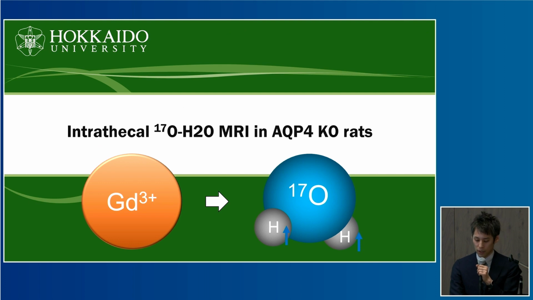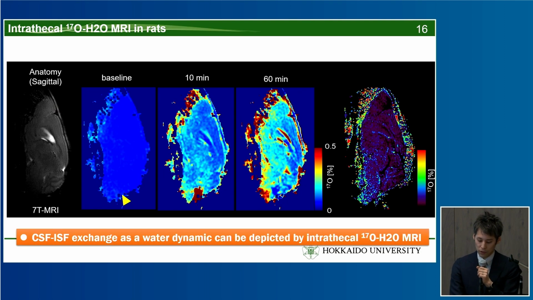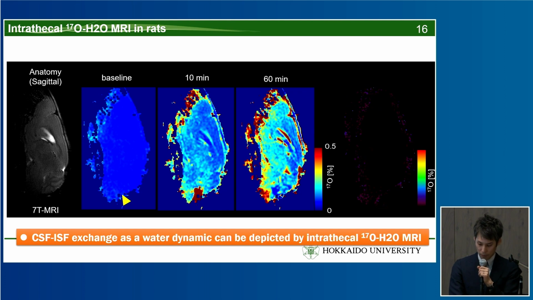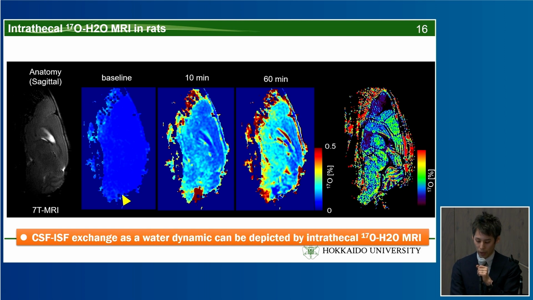Based on these results, we intend to perform functional imaging of AQP4 using intracisternal O17-labeled water MRI in AQP4 knockout rats. Based on our experience with O17 MRI, we experimented with O17 water as an intracisternal CSF tracer.